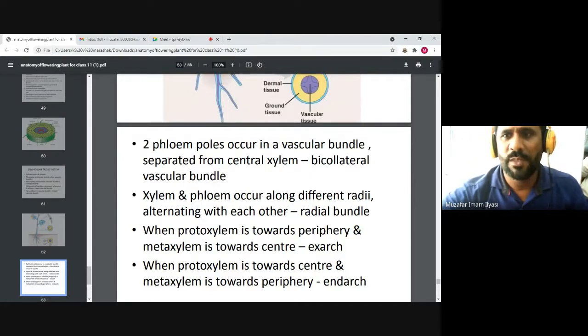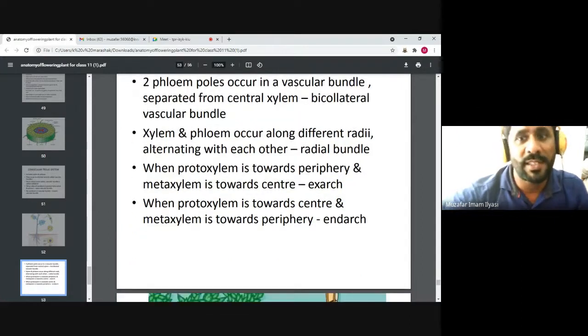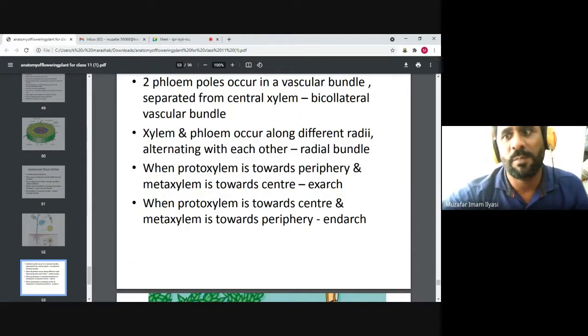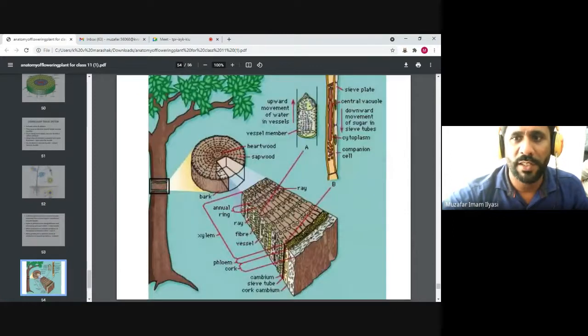When protoxylem is towards the periphery and metaxylem is towards the center, this condition is known as exarch. When protoxylem is towards the center and metaxylem is towards the periphery, this condition is known as endarch. These are two important terms that must be noted in your mind. All these things are shown in this diagram.